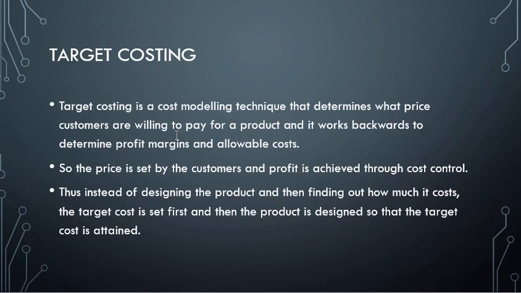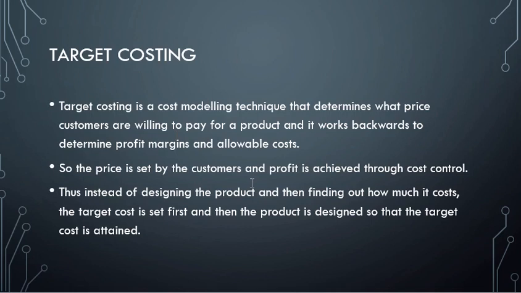Looking into that price, the organization works over the cost, so that the profit margin of the industry as well as the customers' needs are satisfied. So the price is set by the customers and profit is achieved through cost control.